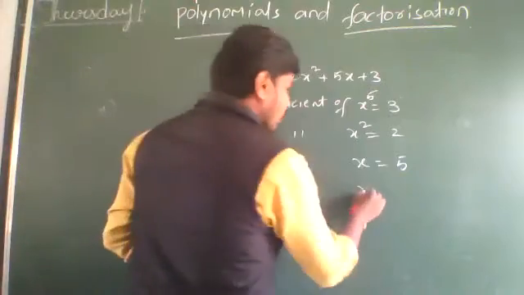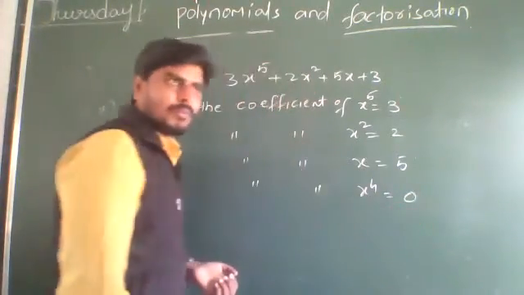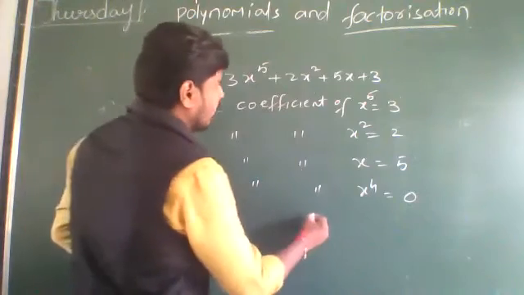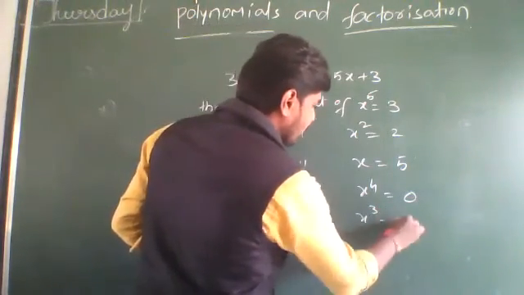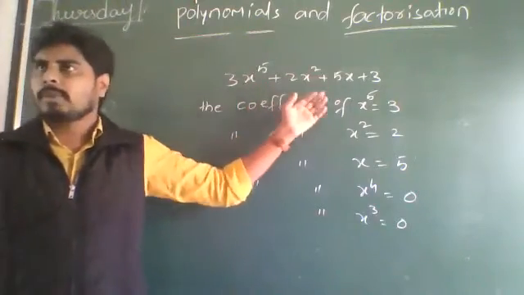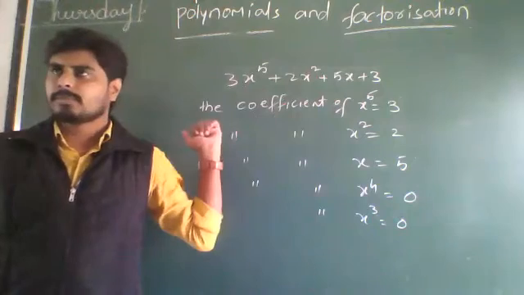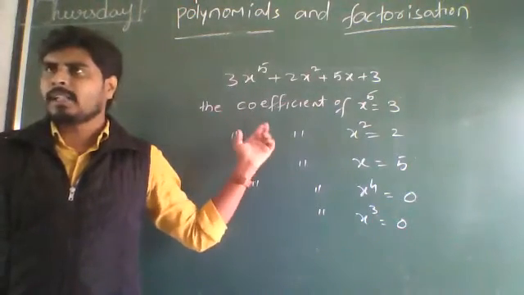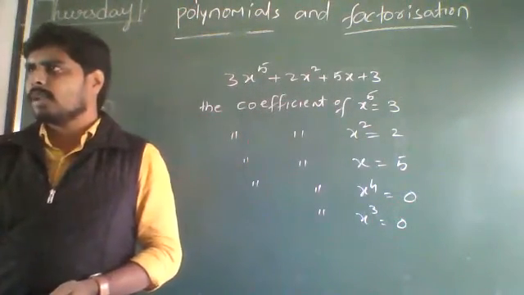It is 0. The coefficient of x power 3? 0, because there is no such term. There is no term involved here. This is the way to write the coefficients. Clear? Any doubts?